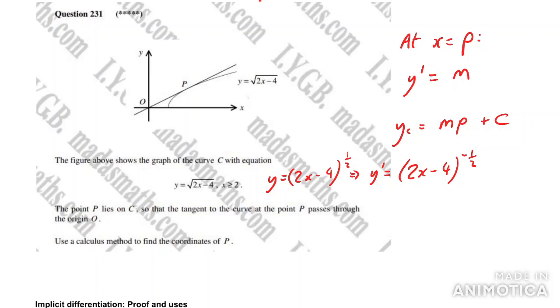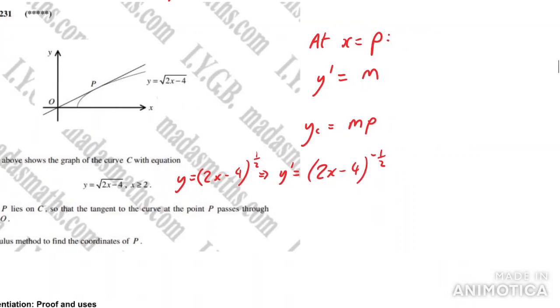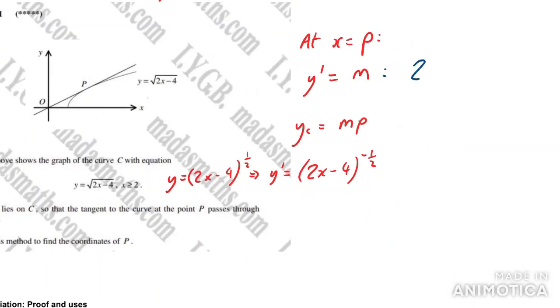Okay, and we also know that the tangent passes through the origin. So what does that tell us? Well, it tells us the tangent doesn't have equation mx plus c, it's just got equation mx, so we can get rid of that plus c. And so now just subbing these things in, we've got that (2p minus 4) to the half must be equal to m times p.